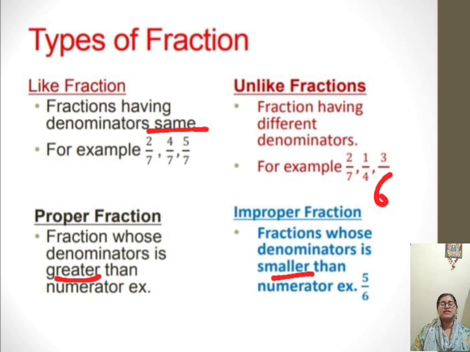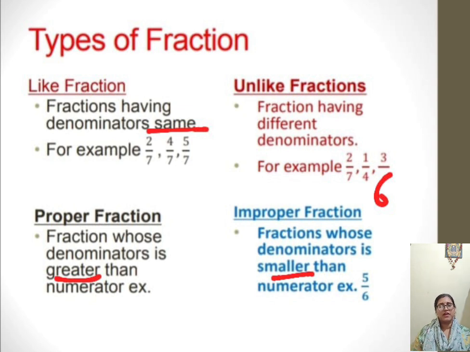We can take more examples of improper fraction and proper fraction. Like proper fraction, we can say 3 by 6. 3 is smaller in the numerator and 6 is the denominator. It is the total part, so we put it in the denominator. Clear? 7 by 9, 1 by 3. There are so many examples.